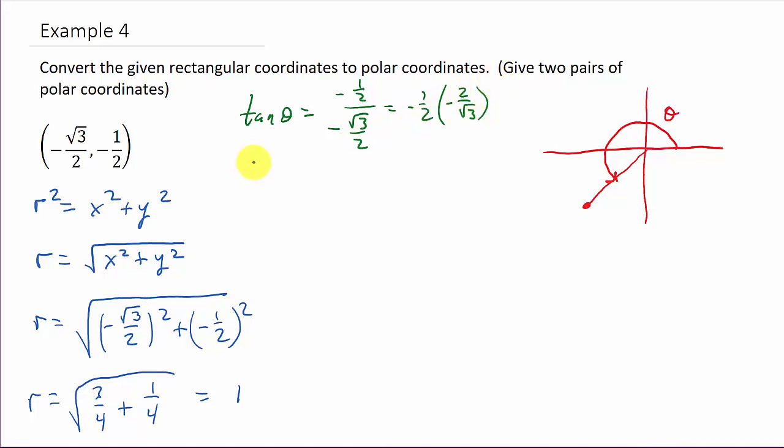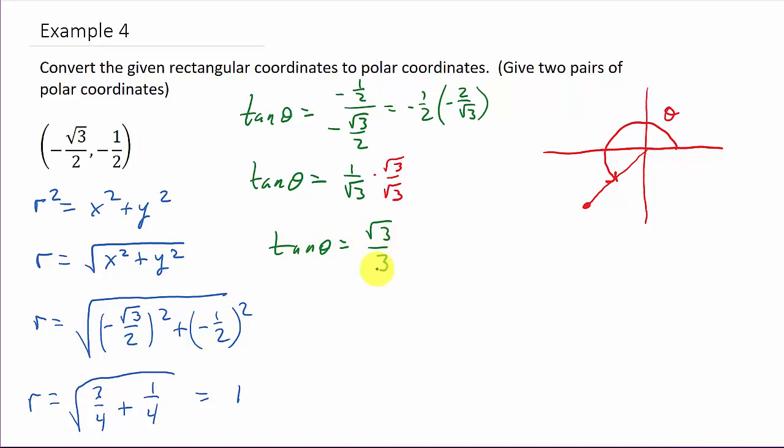The 2's cancel, so I get tangent theta is equal to 1 over square root of 3. And then if I rationalize the denominator, I get tangent theta is square root of 3 over 3.